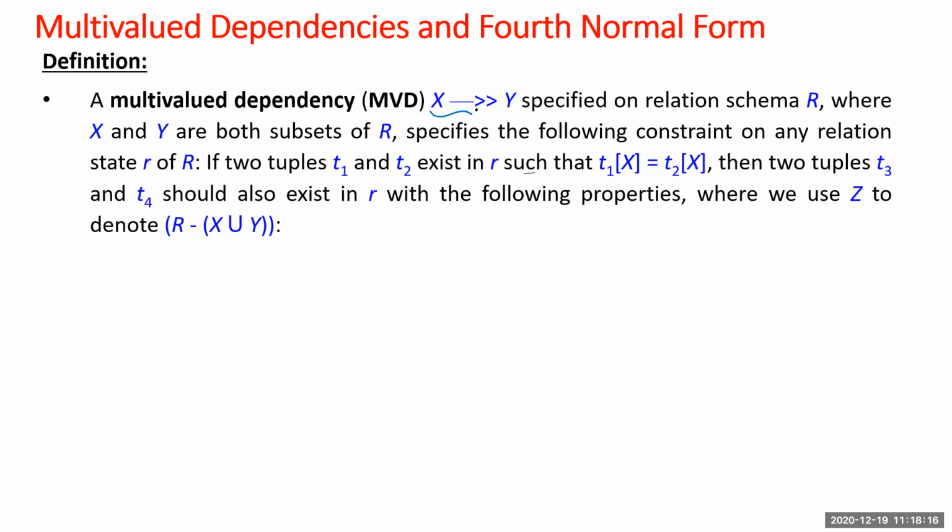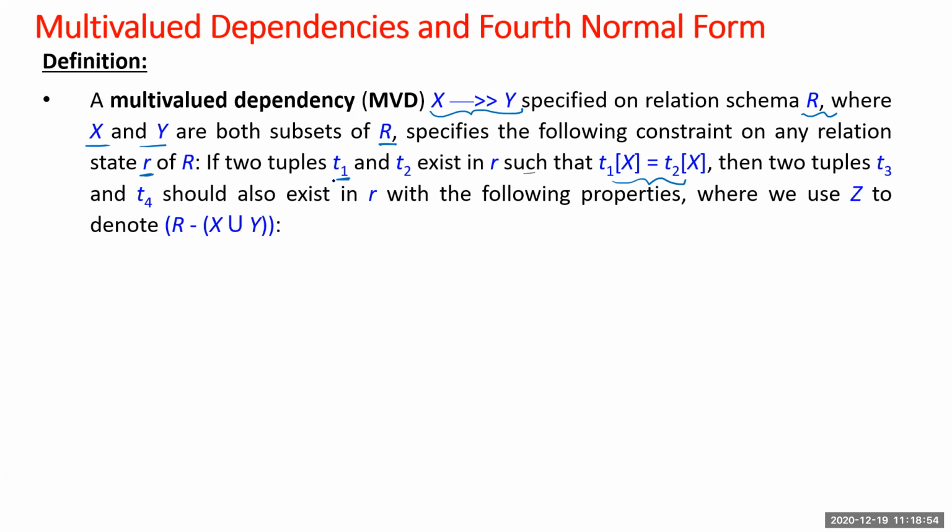A multivalued dependency, X multi-determines Y, specified on relation schema R, where X and Y are both subsets of R, specifies the following constraint on the current state of R. I just have to check the upcoming constraint on the current state of R. If I am able to find this constraint, then obviously it is a multivalued dependency.